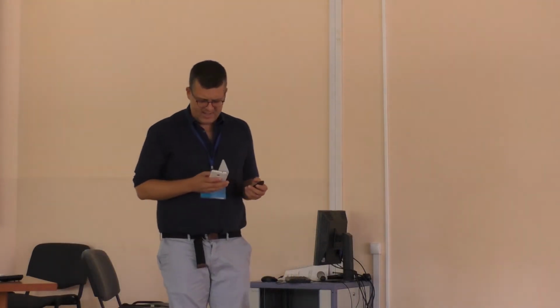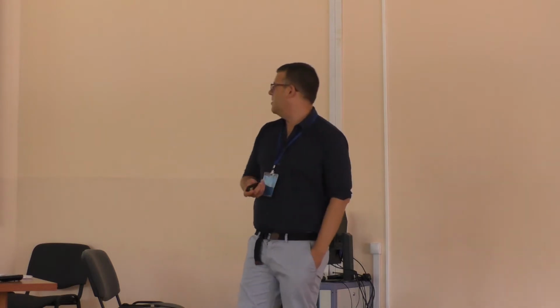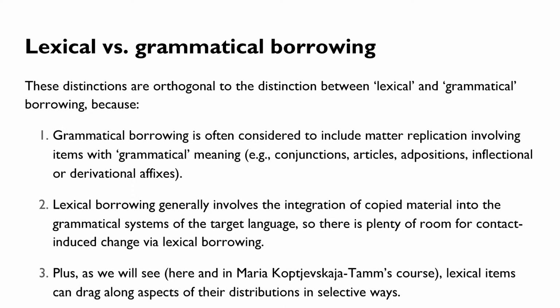Lars Johanson also used other terms which people have not really followed, but they're actually very good, and in some senses they're better, which he called global copying, so you're copying the whole sign, it's a more sign-based approach, as opposed to selective copying, which is just copying some aspect of something, right? Now, it's important to mention this in the context of lexical borrowing because obviously this is orthogonal.